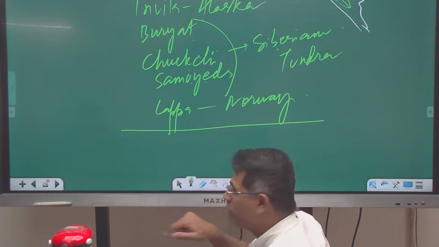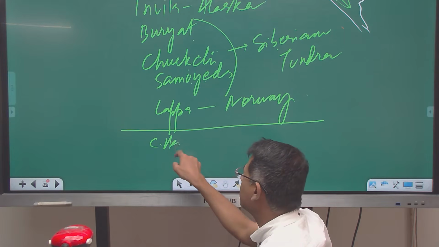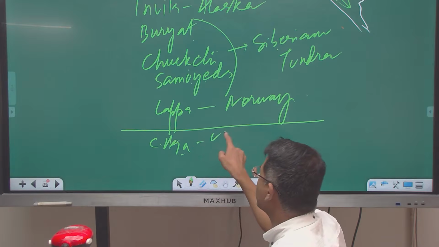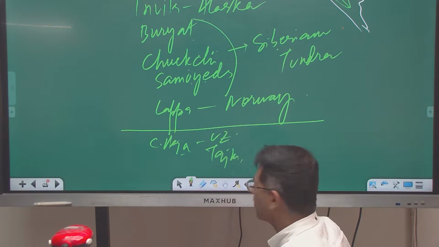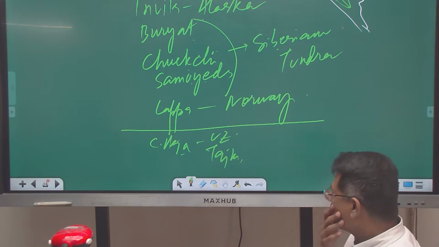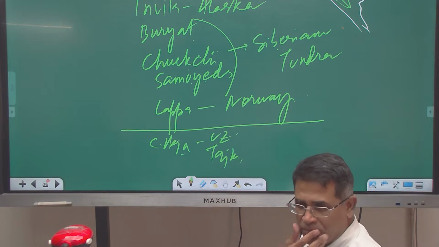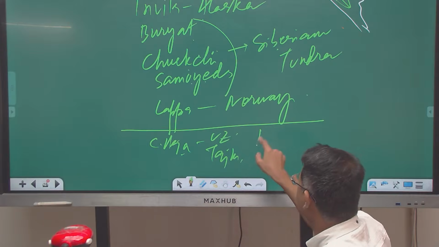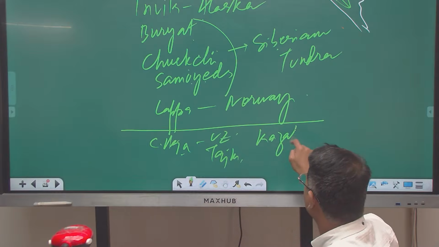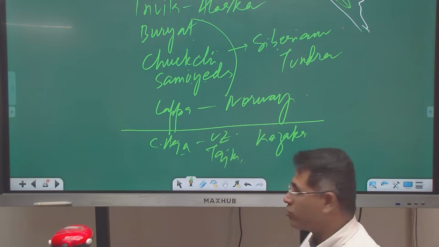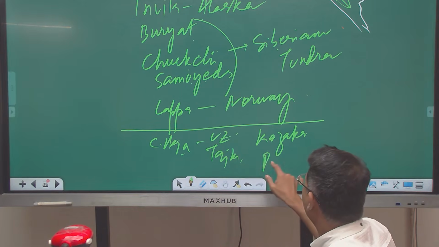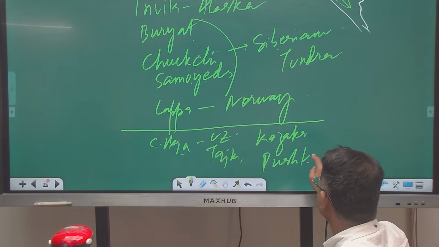Then we have populations of Central Asia: Uzbeks, Tajiks, Kazakhs, even some of the Afghanistan Pathans also, or Pashtuns.